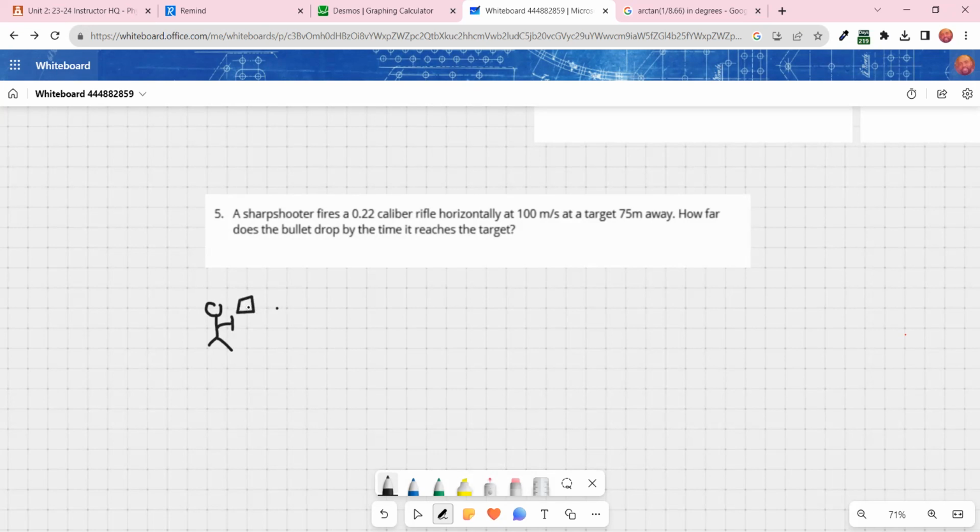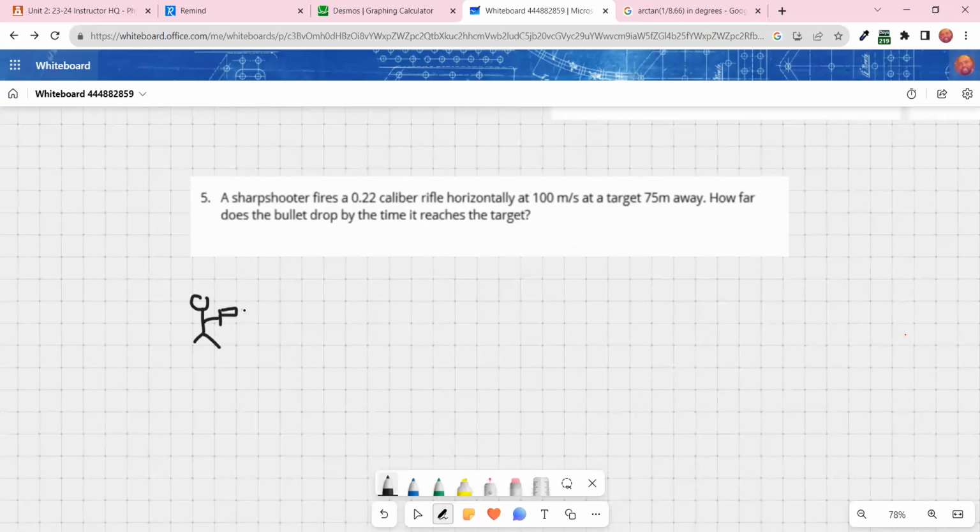Boom. All right, as soon as that bullet comes out of the gun, what's acting upon it? What's going to happen to that bullet as soon as it comes out of the gun? It's going forward, but is it only going forward?